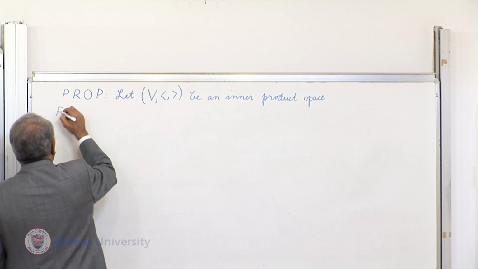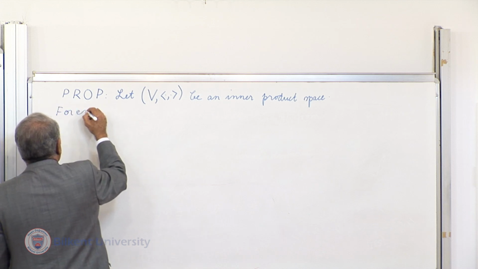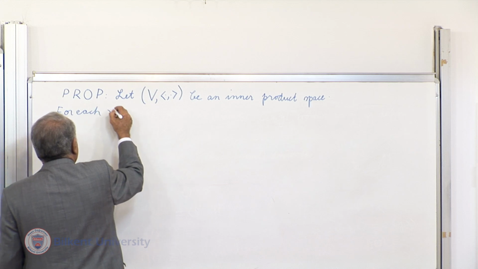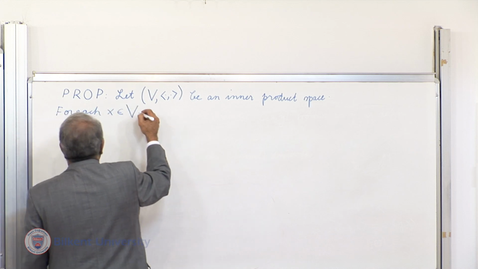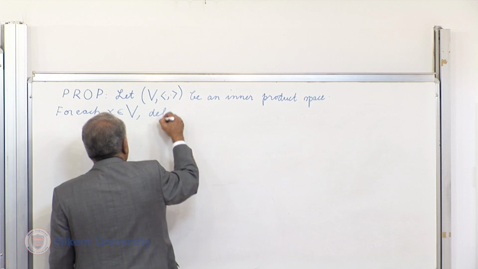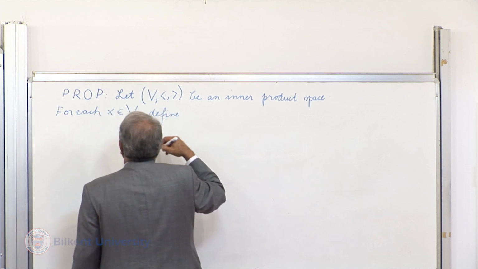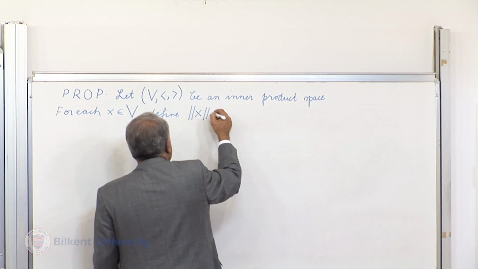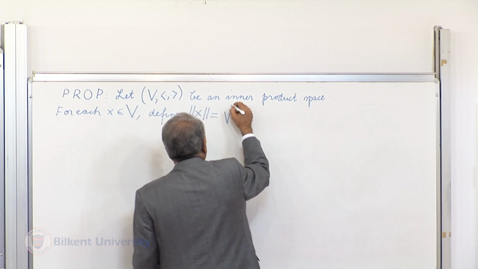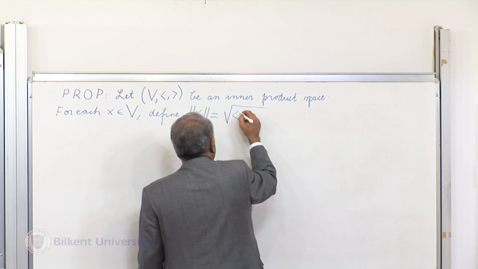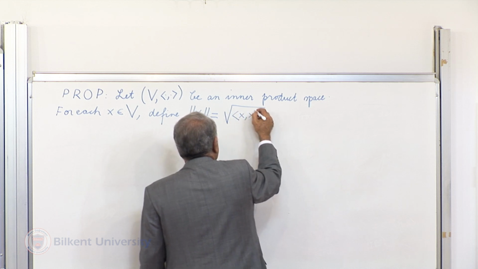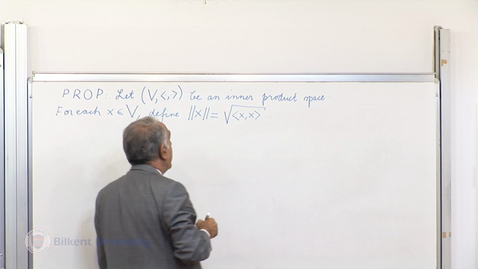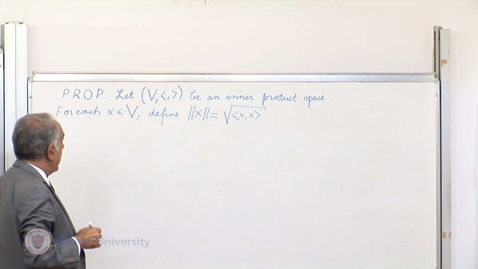Now for each x in V, define this as the square root of the inner product of x with itself.